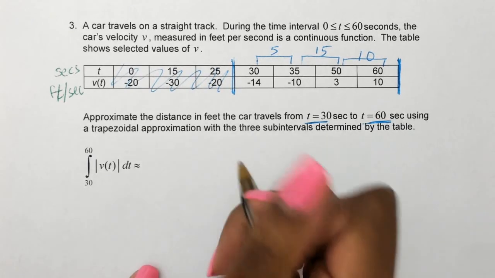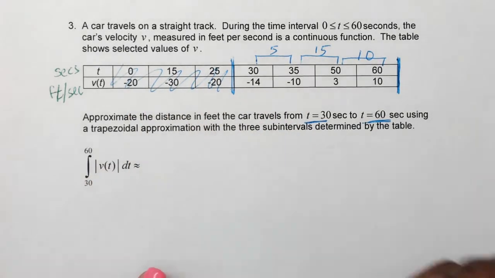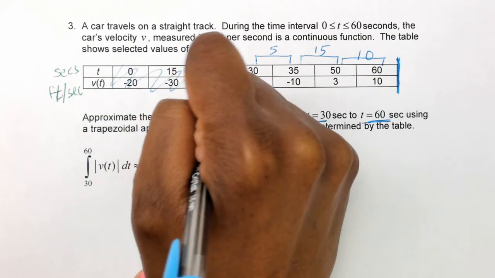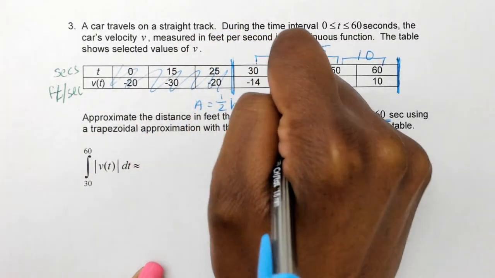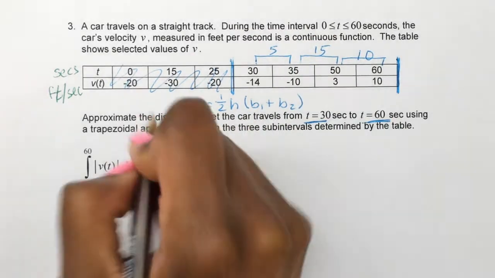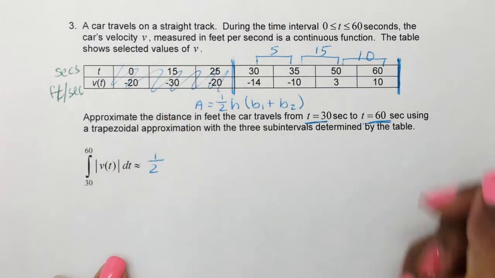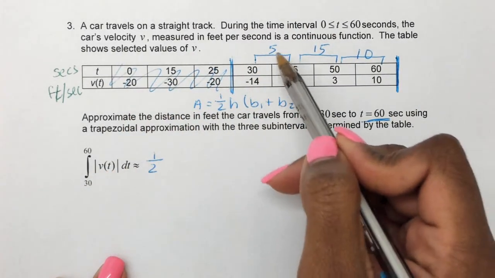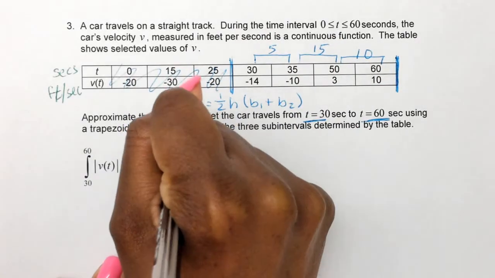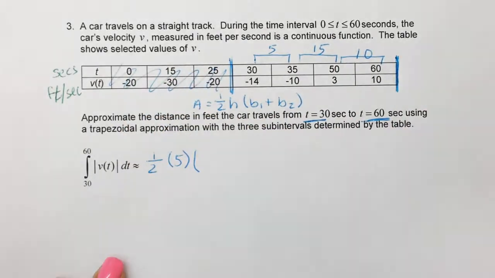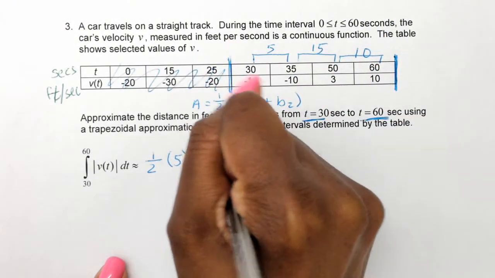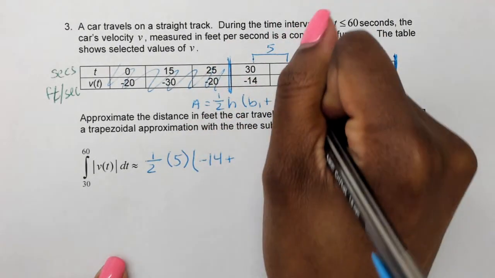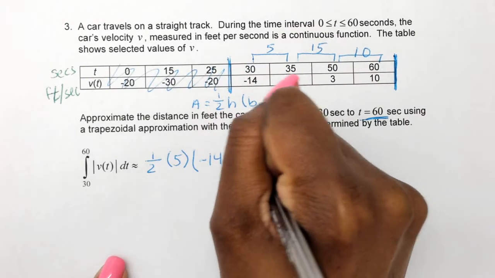To do that, we're going to use the area of a trapezoid equation, which is 1/2 h (b1 plus b2). So we have 1/2, and for our first trapezoid, our subinterval is 5, so that's our h. Our b1 is our first y value, which is negative 14, plus our second y value, which is negative 10.